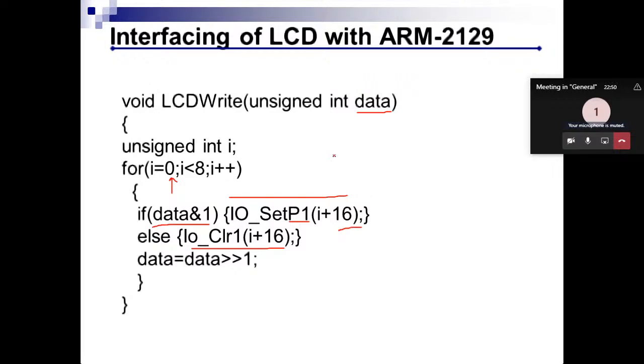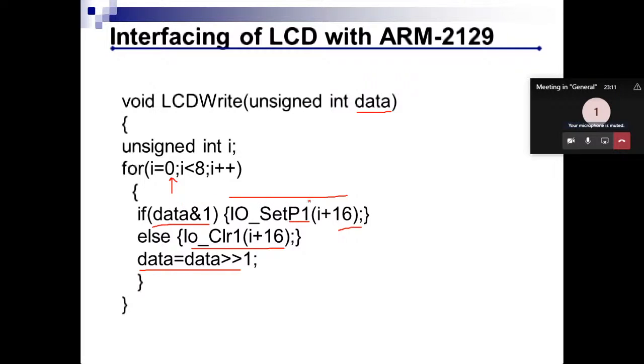Then I will check the next bit. To check the next bit, I will shift my data to the right by 1 bit position. When I do this, my next data, that is D1, will be available to me. Again I will check whether it is 1 or not.